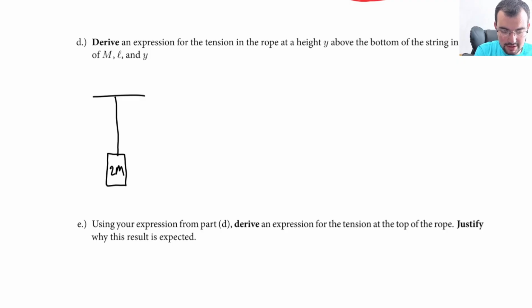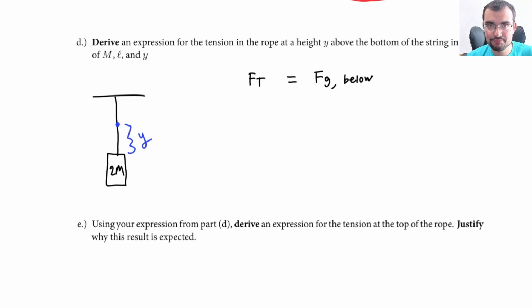So this was our setup. And we want to find the tension at a given height y. So we said earlier that the tension is just going to be the weight below a given spot in the string.